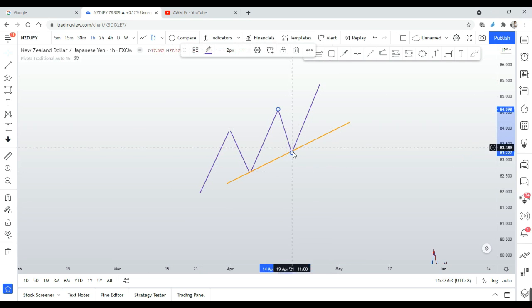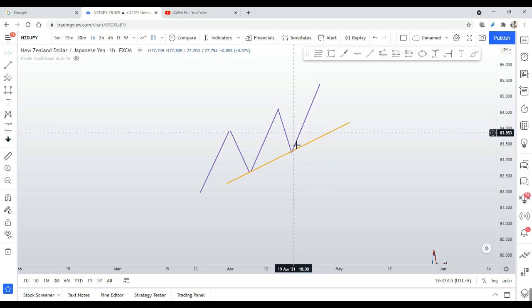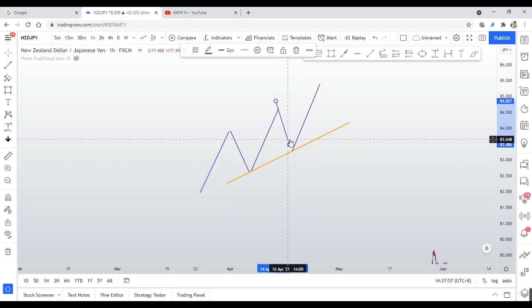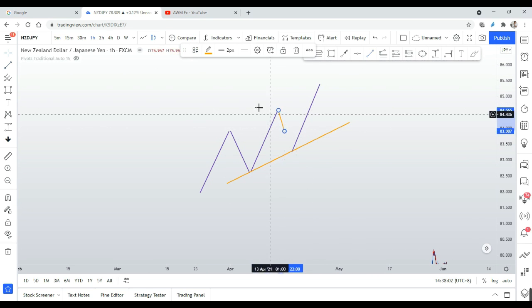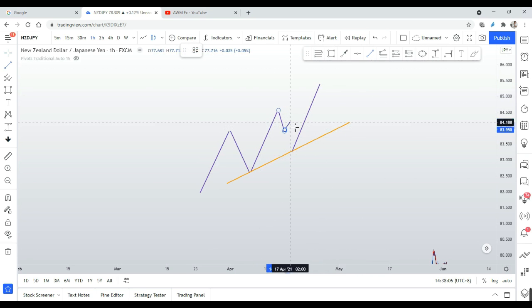Coincidentally, this area, right? Let me get this out. Coincidentally, this line over here is a QML, something like this.